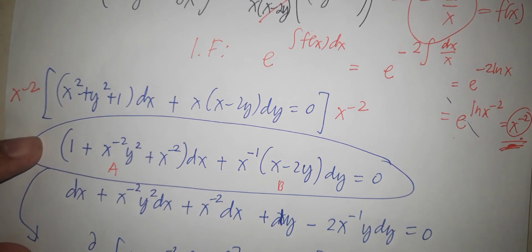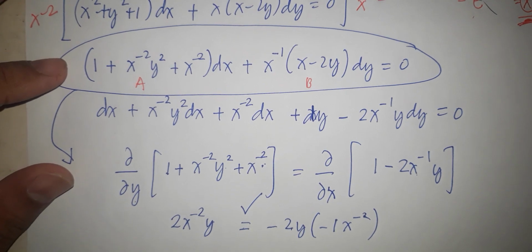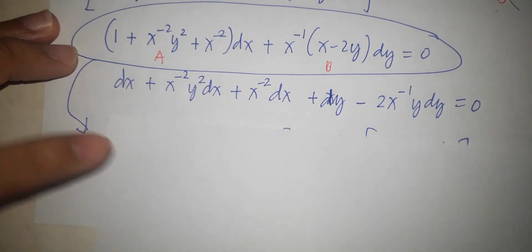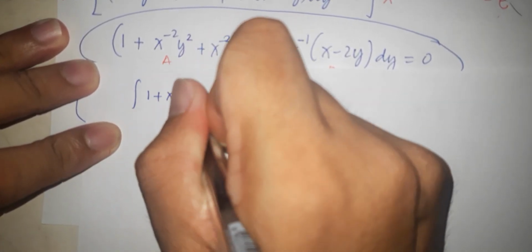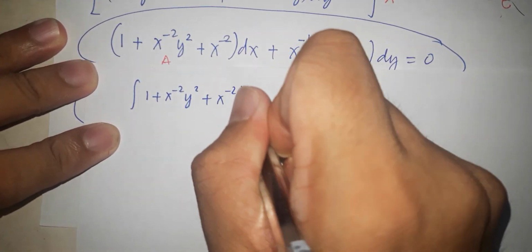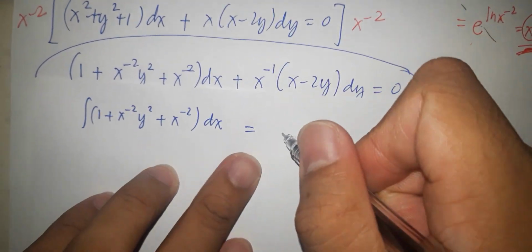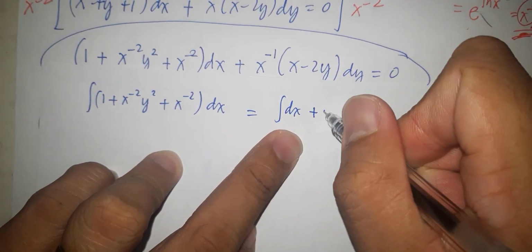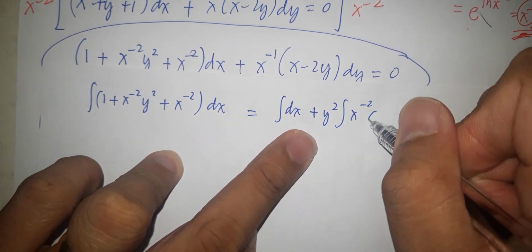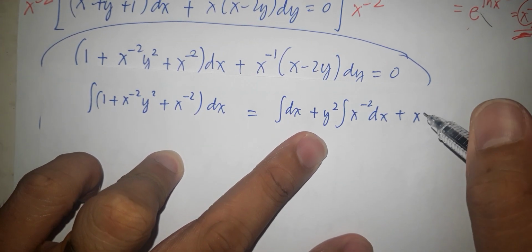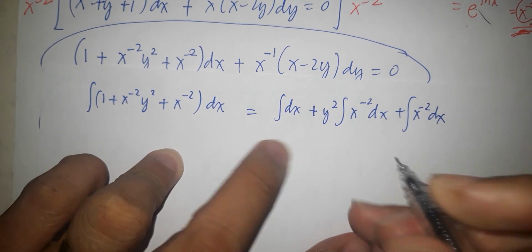Yung step na ginagamit natin, i-integrate natin yung una. That's 1 plus x negative 2y squared plus x negative 2 dx is equal to integral of dx plus y squared integral of x negative 2 dx plus integral of x negative 2 dx.